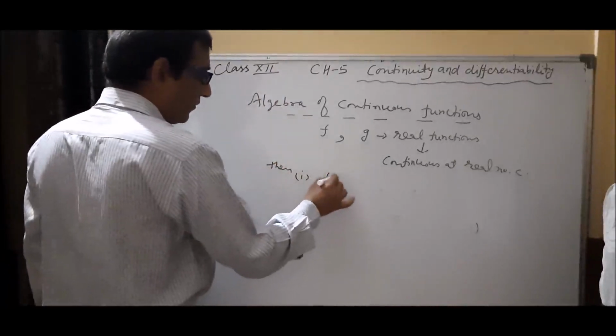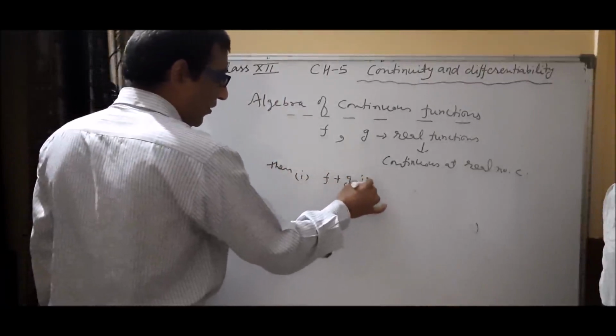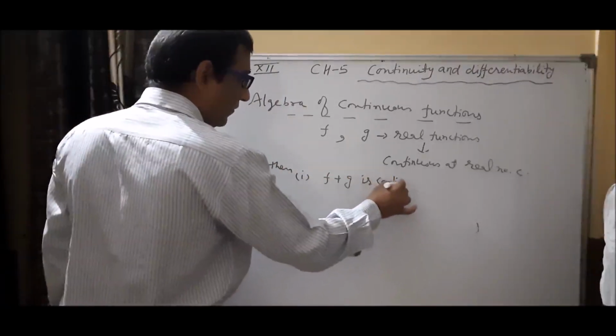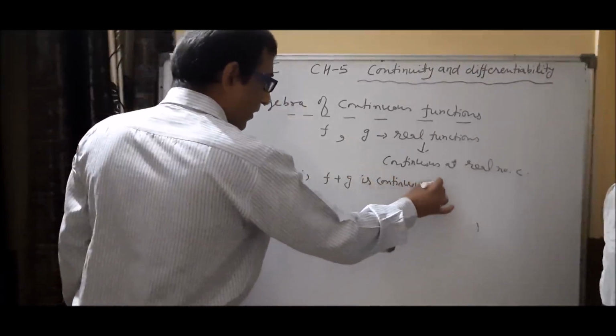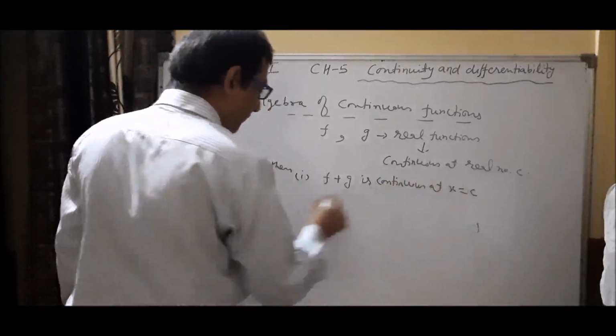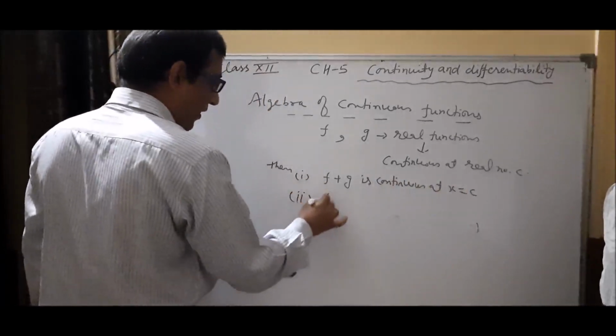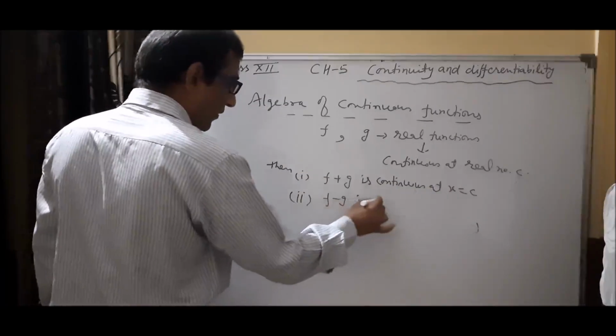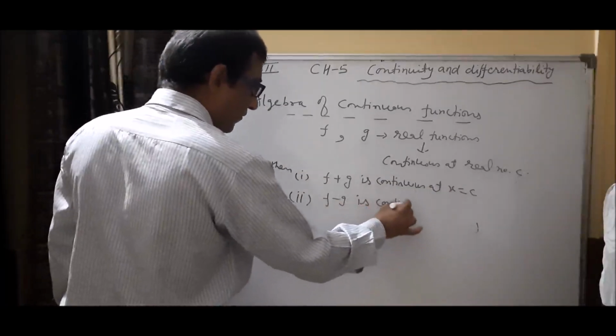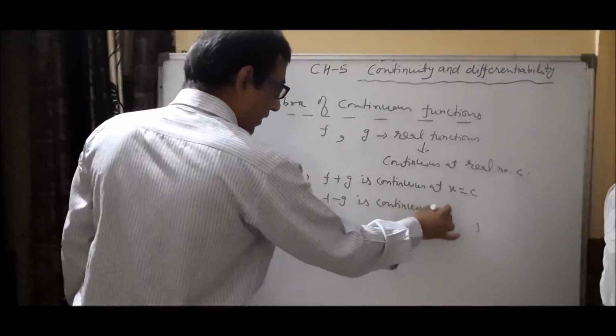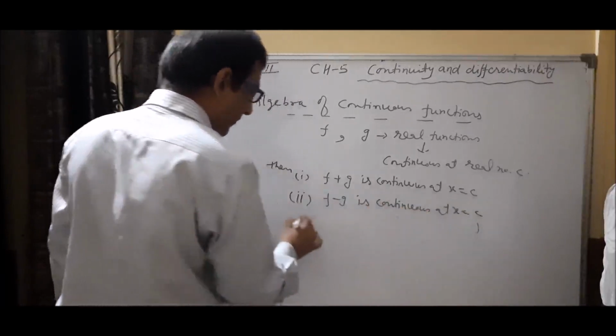first point, f plus g is continuous at x equals to c. Second point, f minus g is continuous at x equals to c.